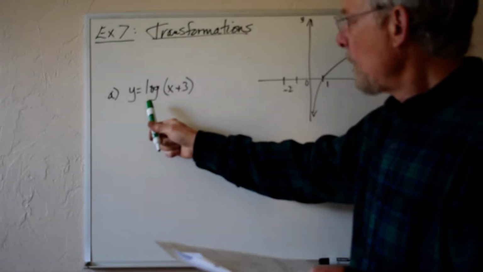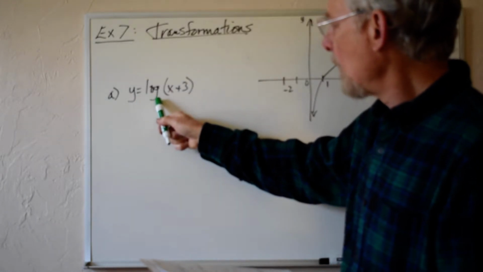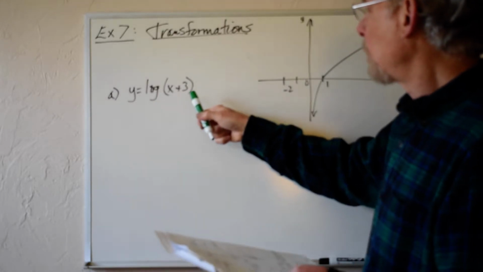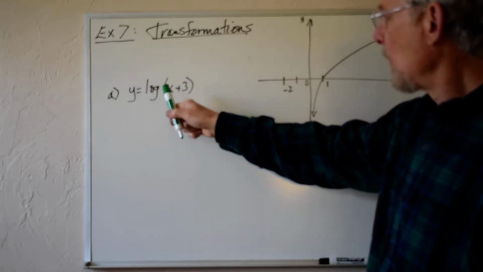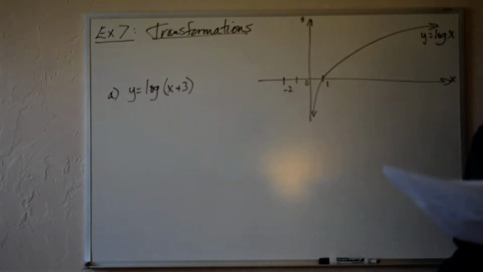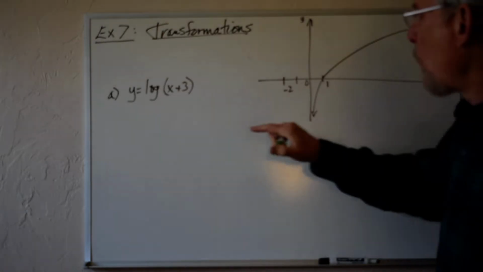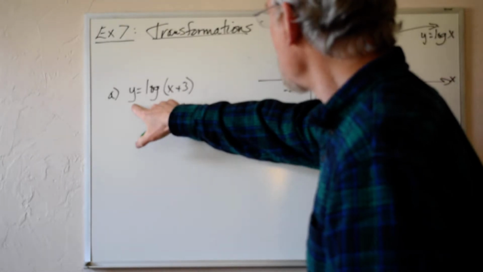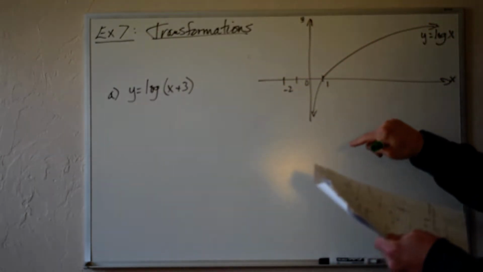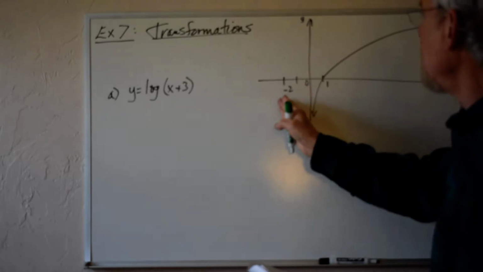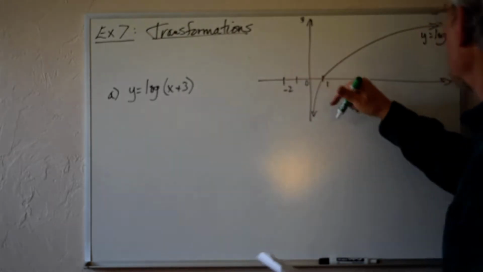Now here, again, we want to talk about the common log function, but instead of plain old vanilla x, it's going to be the log of x plus 3. What's going to happen there? Well, every y value that's output here is going to happen 3 steps earlier, right?